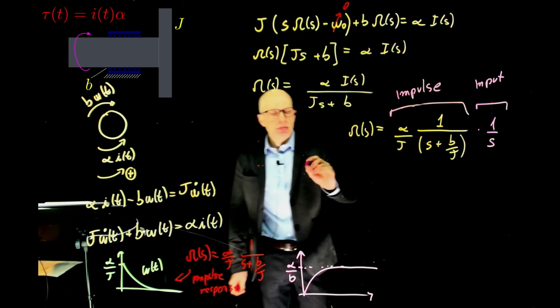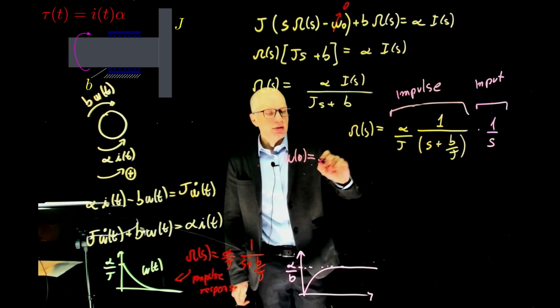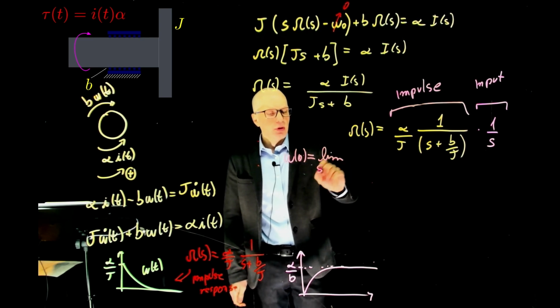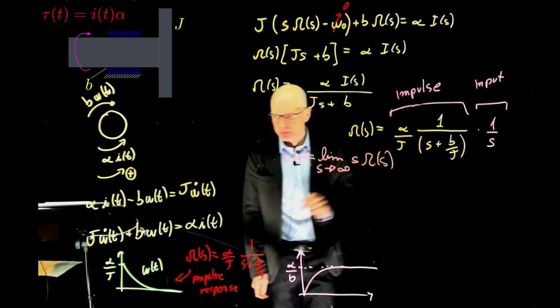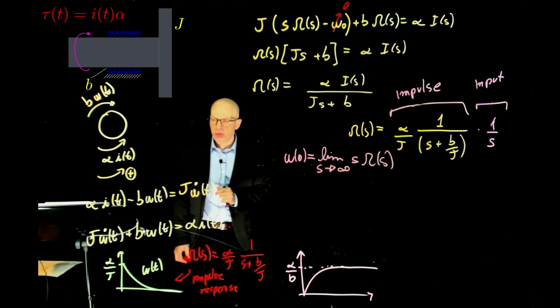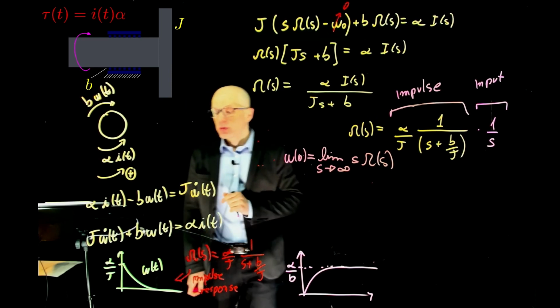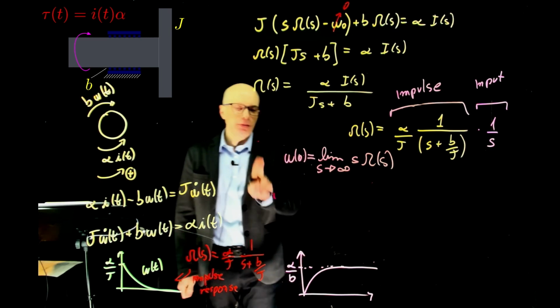But this is the same as saying the speed at time 0 is the same as the limit when s tends to infinity of s times omega of s. This is a property of the Laplace transform that we can use. We briefly went through this in the last lecture. Didn't really spend much time there.